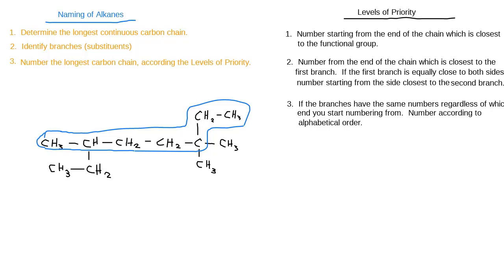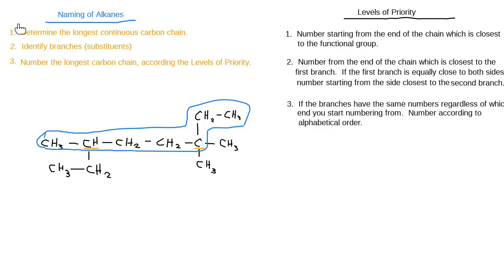The intersectional carbons would be those that are connected to 3 or more carbons. So this carbon is connected to 3 or more carbons. This one is connected to 3 or more carbons. All of the others are connected to only 1 or 2.